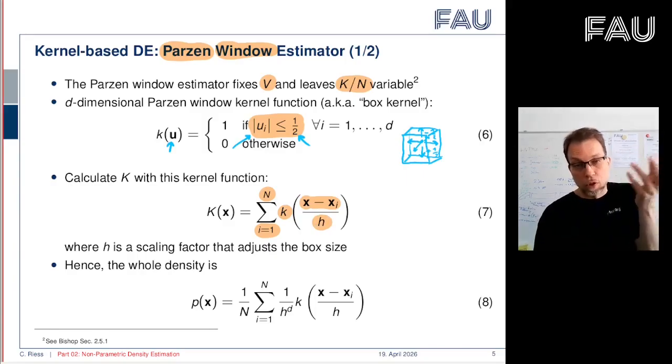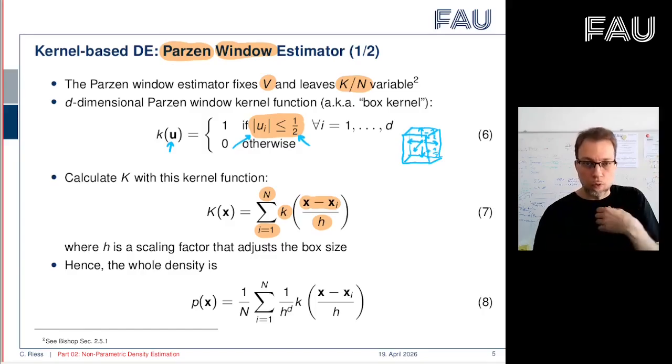We will have to choose this scaling factor later, so it's not for free. Then we can check, are all dimensions within plus minus 1/2? Then we return a 1 and count this, or we return a 0 otherwise.